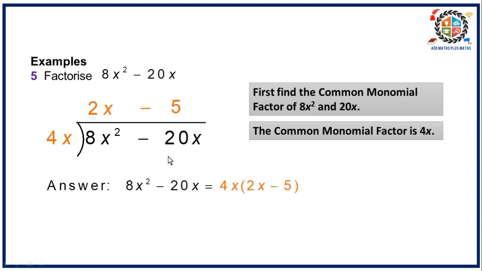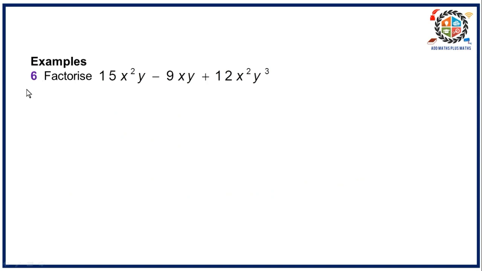Let's move to example number 6. Let's try to have 3 terms. So this is also a type of polynomial with 3 terms. The first is 15x squared y. The second term is negative 9xy.